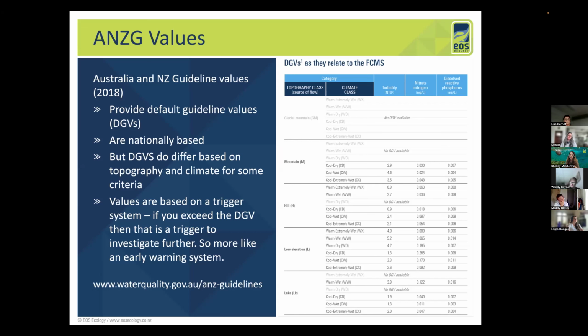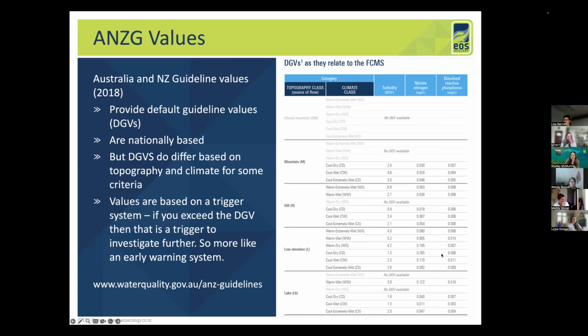And so therefore, their default guideline value is going to be higher for streams that are dominated by that type of topography. And obviously, in New Zealand, you don't have mountain areas that are warm and dry. So that's why there's no value available for those.